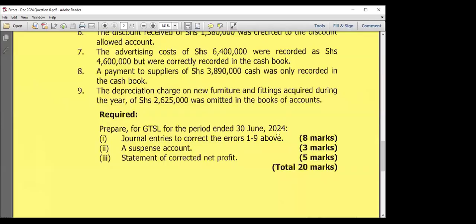Since we are time barred, I am going to just take you through this question. I just want the first two: correction of errors and the suspense account.